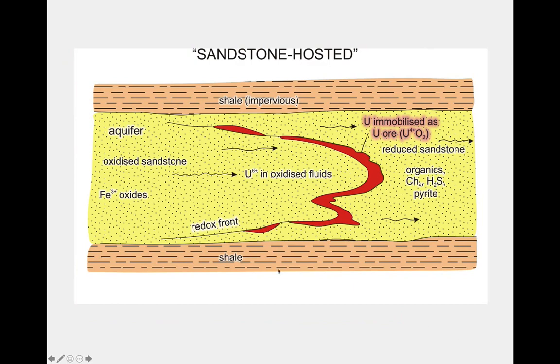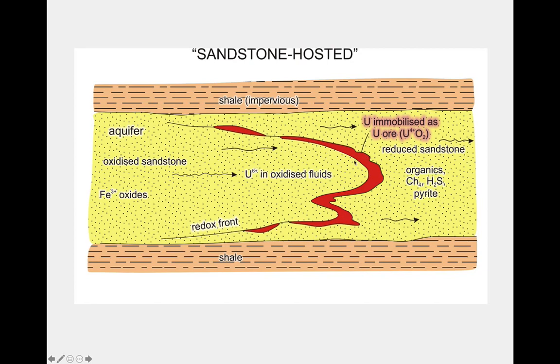We have a shale on either side. We have an aquifer with oxidized sandstone, and uranium is stable as 6+. Something happens here and we go into a reduced system. Maybe we have organics or reduced sandstone, and the uranium is immobile, transforms into a uranium ore.